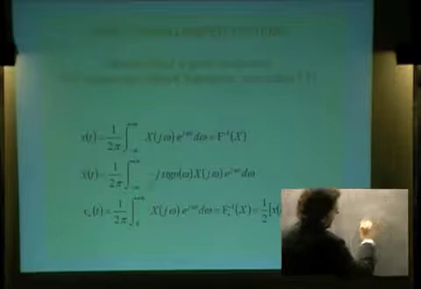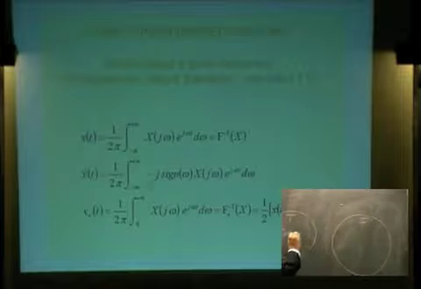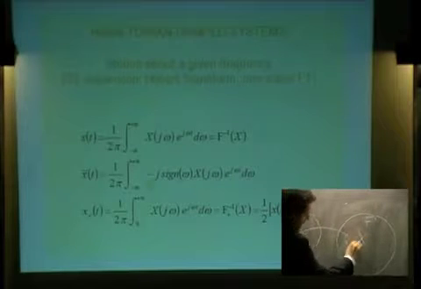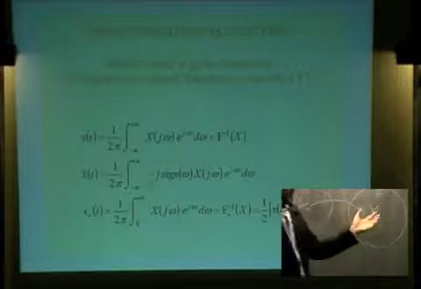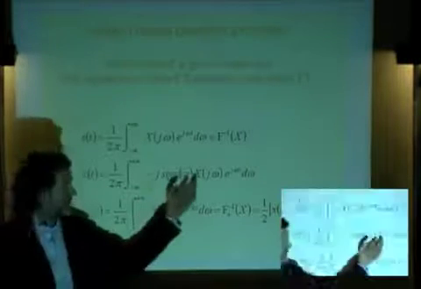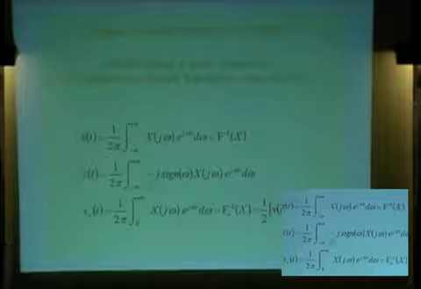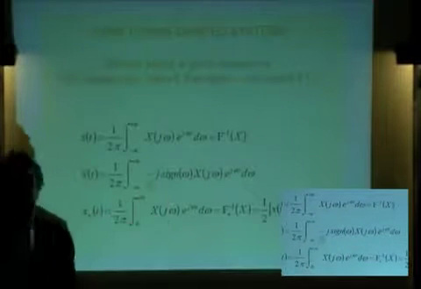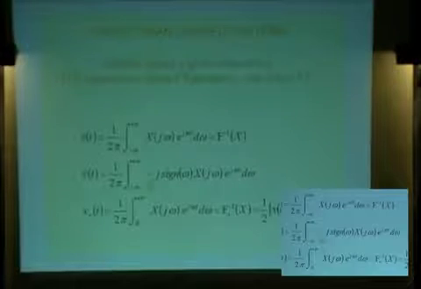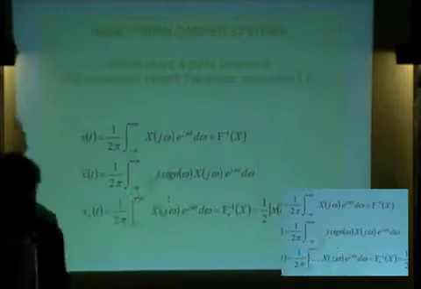Here you have the frequency domain. Then I can take the image of x, that is capital X. Then in this domain, I just modify the frequency components of the signal, introducing this nice function, minus j sine of omega.